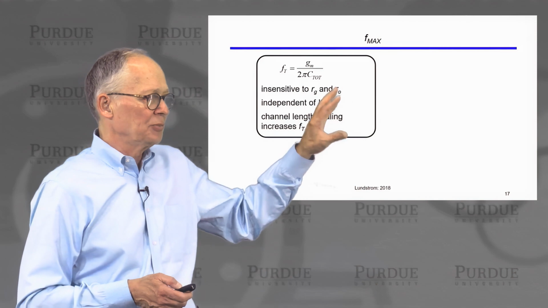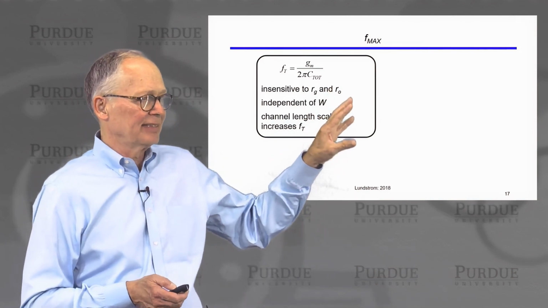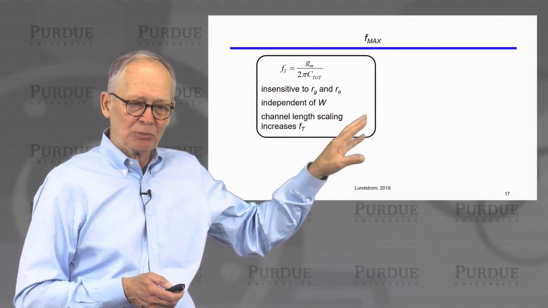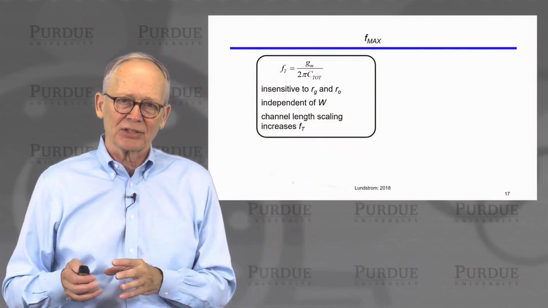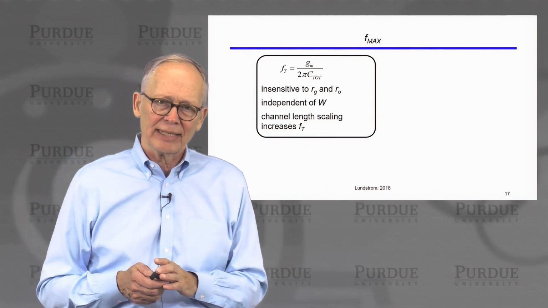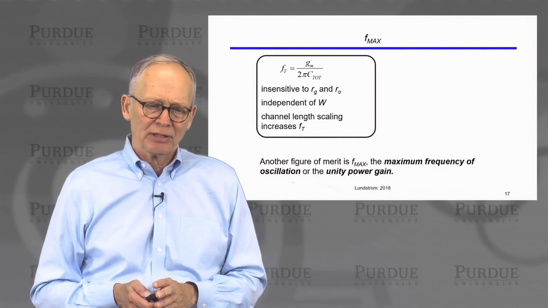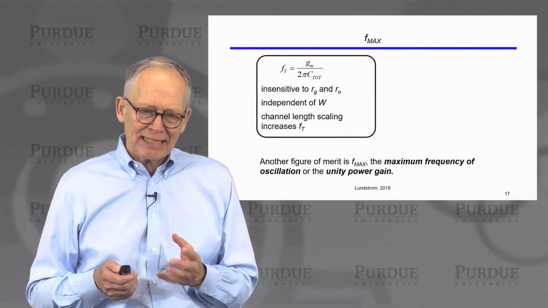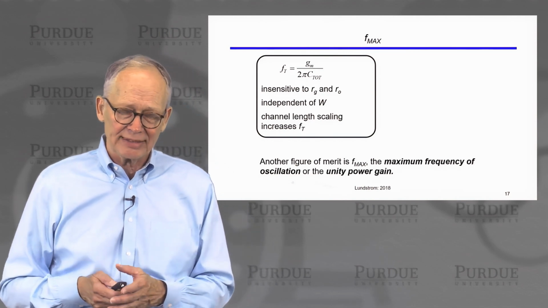So we have this F sub t. It is insensitive to things like the gate resistance and the output resistance. It doesn't give us the full picture of how a realistic circuit that's configured in more complicated ways might operate. There is another figure of merit called F max, the maximum frequency of oscillation, or the unity power gain frequency.